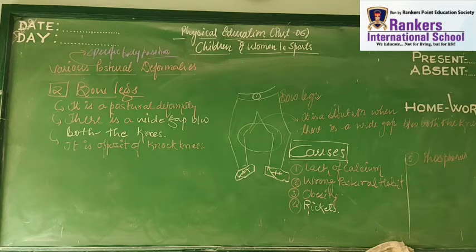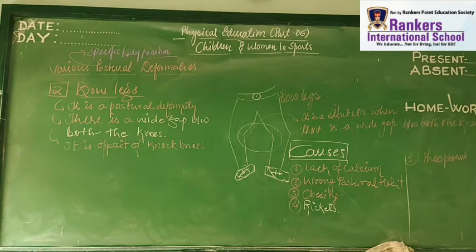The main causes of bow legs are rickets, obesity, vitamin D deficiency, lack of calcium in diet, early childhood walking, and defective footwear also. Next, what are the corrective measures? The corrective measures are Ardha Chakra Asana, Garuda Asana, Ardha Matsyendra Asana, walking with inward toes, and special shoes.